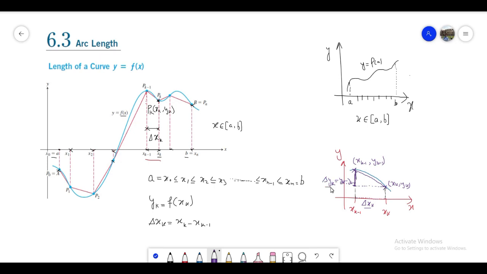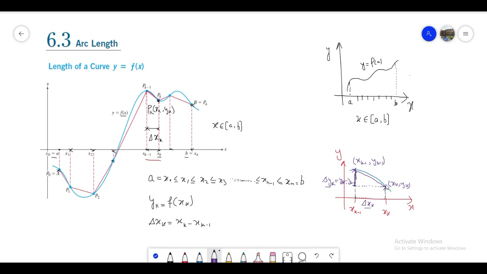And one more crucial thing: I just took this segment into the larger picture. I took one segment of this arc length, or the curve, and treated this segment separately, just for your better understanding of how we can compute delta x and delta y. To compute the straight distance between them, you draw a straight line.